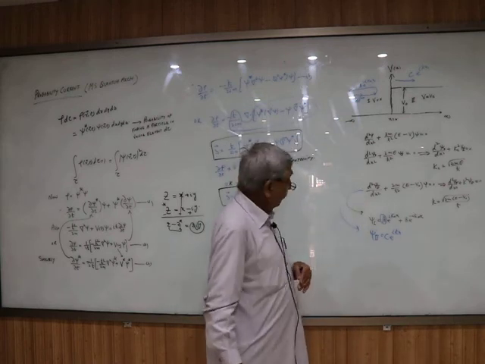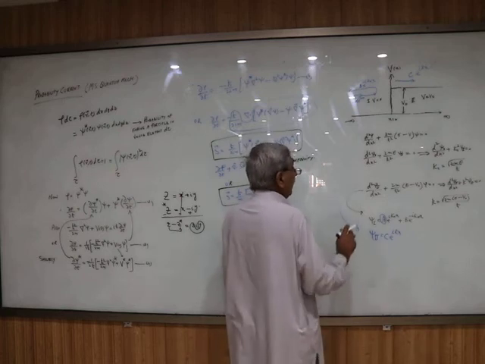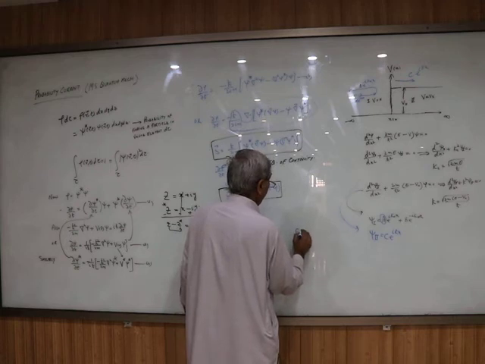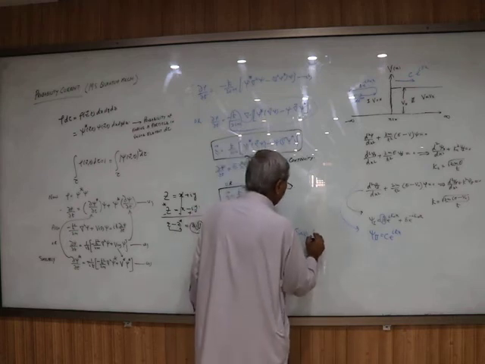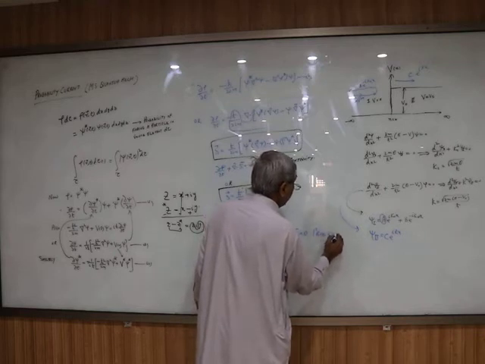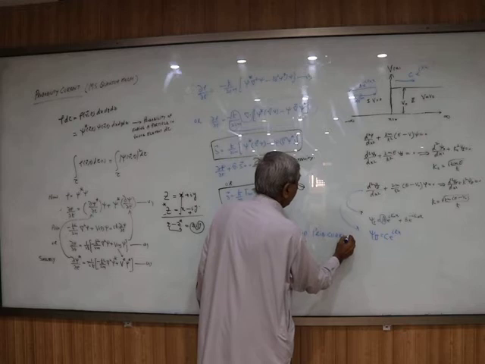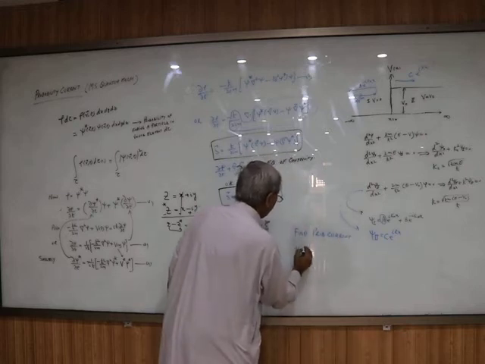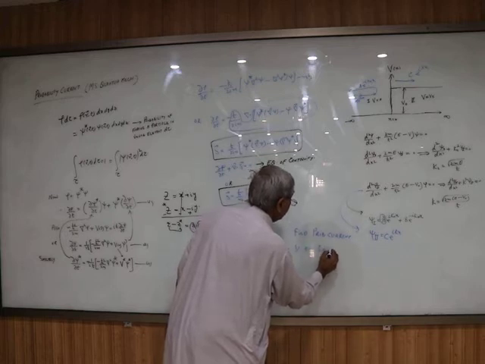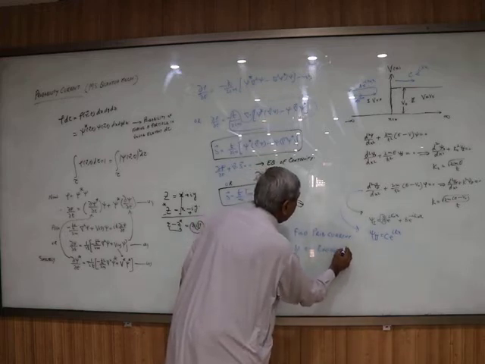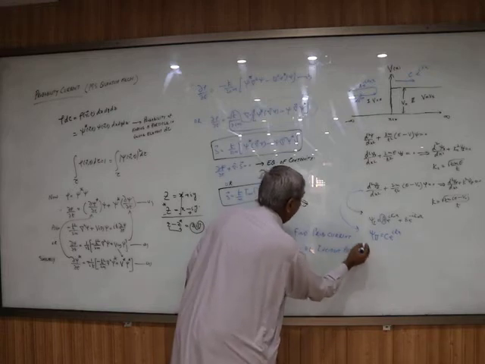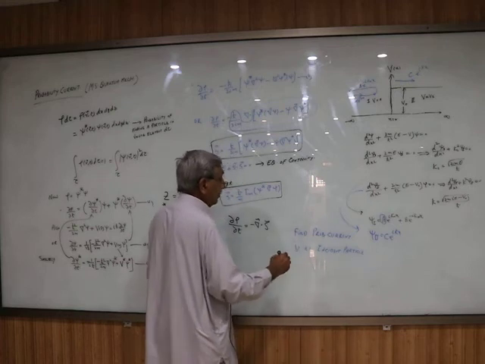Now, I ask you a question. Find the probability current, number 1, of the incident particle.